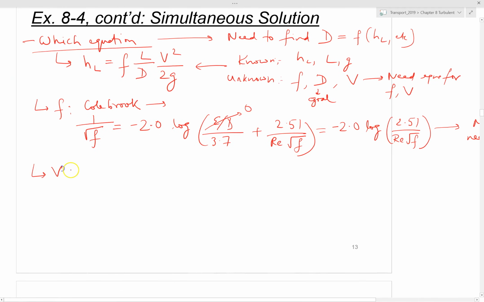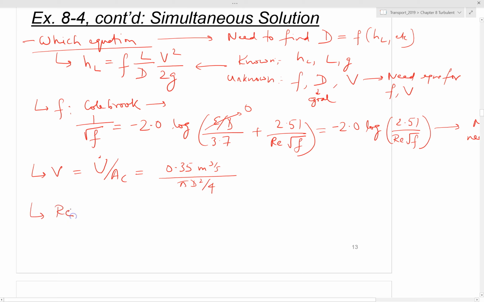So for V, it is the volumetric flow rate divided by cross-sectional area: 0.35 meter cube per second over pi D square over 4.